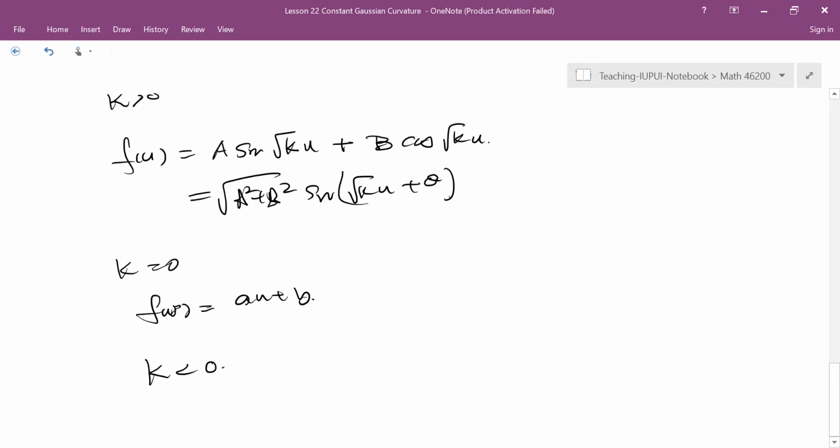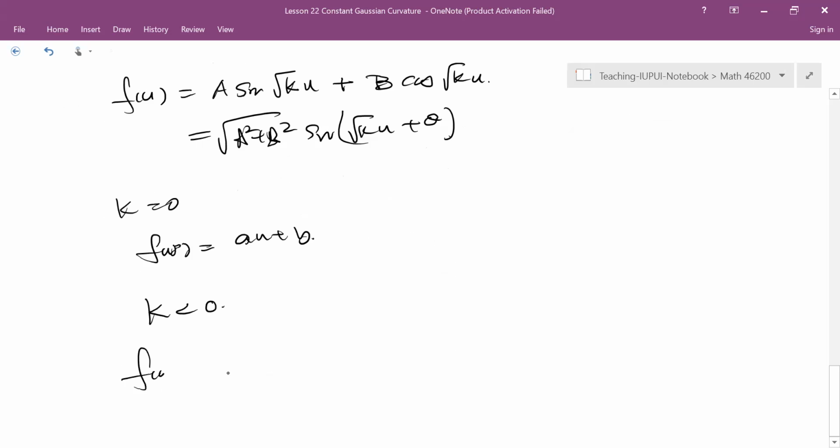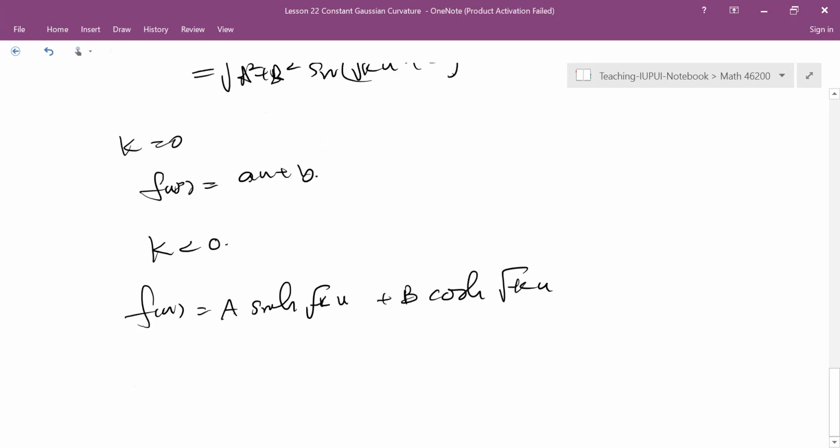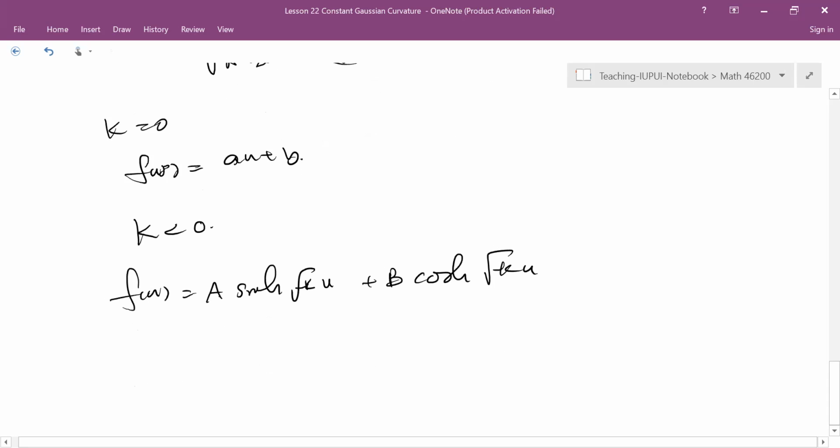When k is negative, f of u is the general solution a hyperbolic sine of square root of negative k u plus b hyperbolic cosine. One can also combine into one, but let's keep the general form.